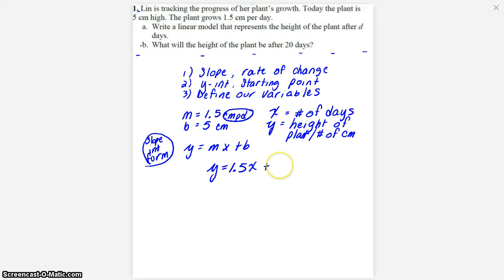Plus, and our starting point was 5. So you could read this number sentence as the height of the plant is equal to 1.5 centimeters per day, so you read x is day, you read y is height, plus 5 centimeters. The height of the plant is equal to 1.5 centimeters per day plus the original 5 centimeters that it started at.